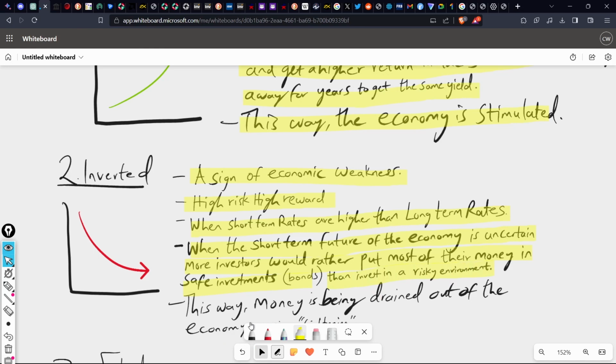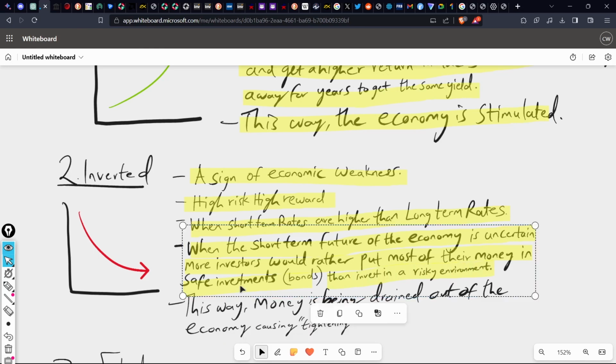If you remember when we were talking about government securities, we said these are considered the safest investments in the world. Especially US government securities, they are considered the safest investments in the world, and that's why they are very popular, and that's why we've been talking about them here.